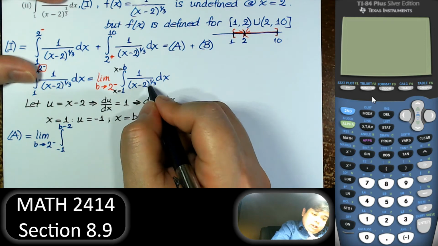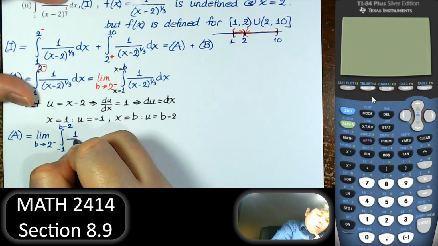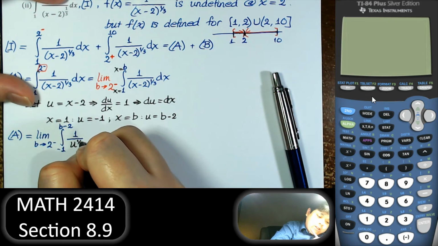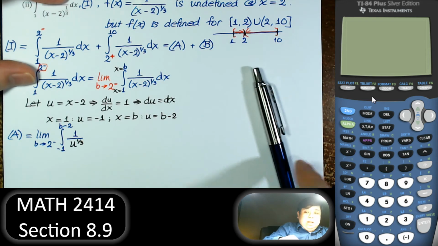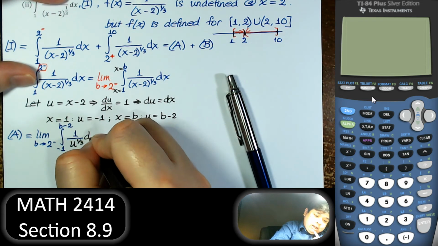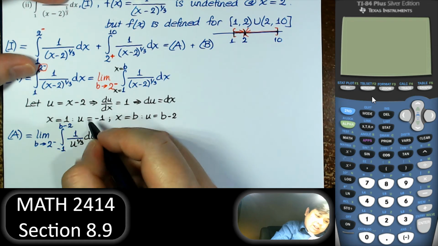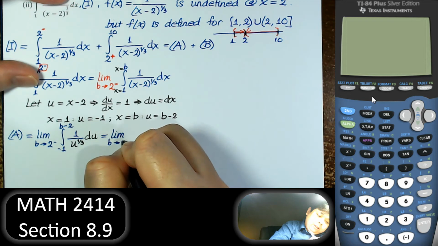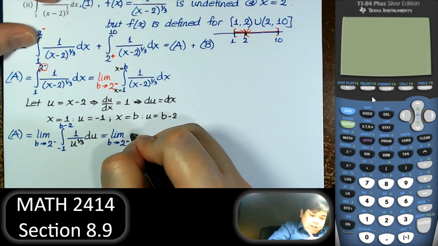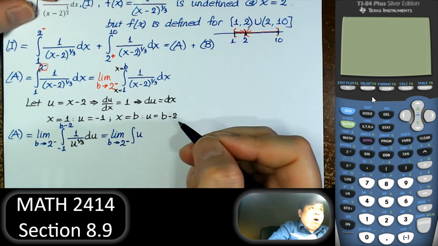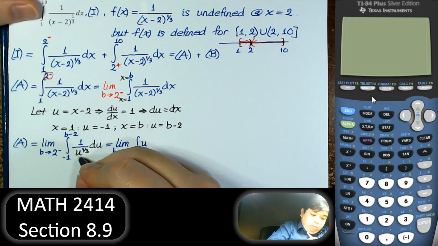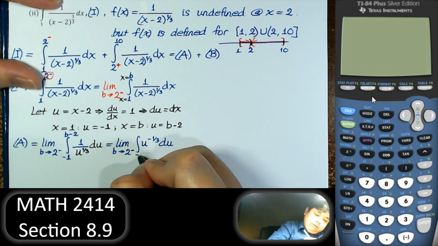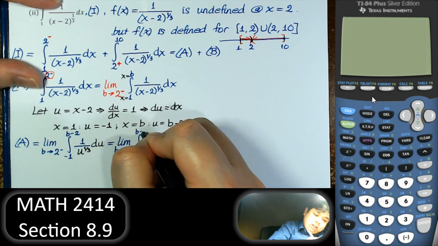And the integral here is 1 over u to the 1/3, and dx is du. It's not that bad. That is the integral of u to the negative 1/3 du from negative 1 to b minus 2.